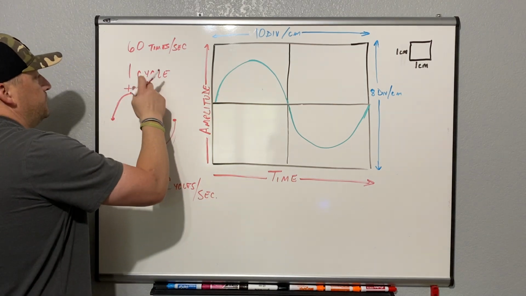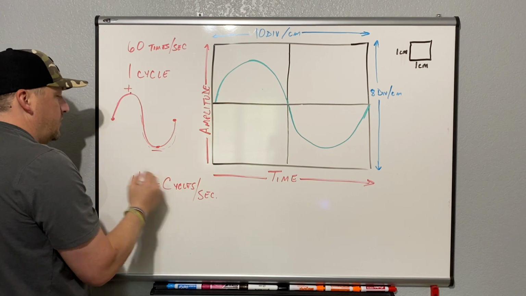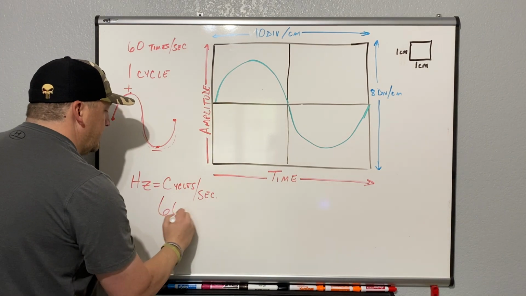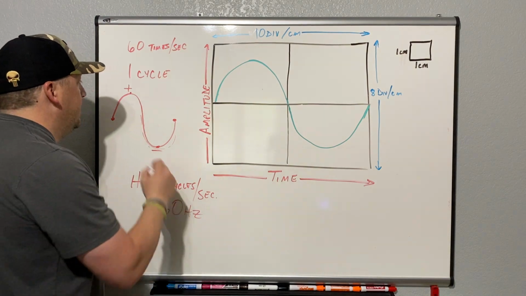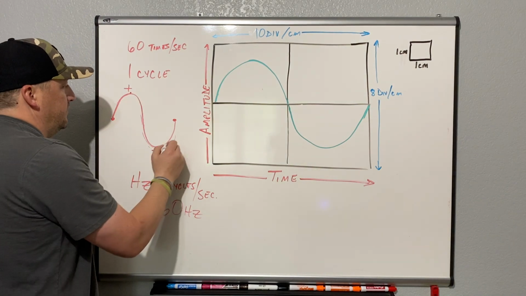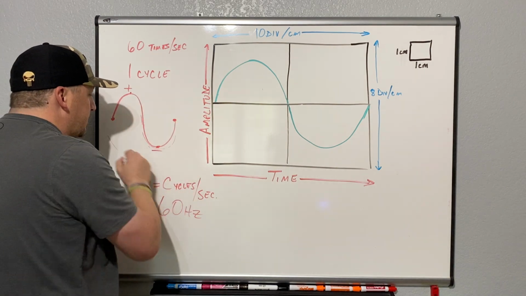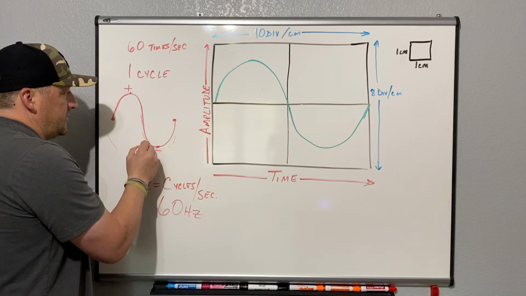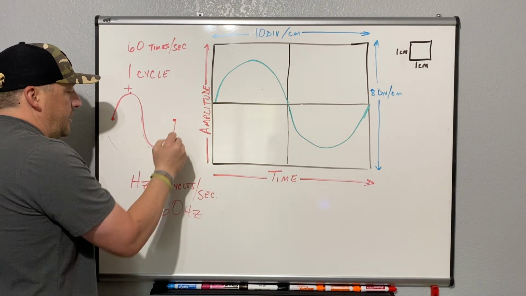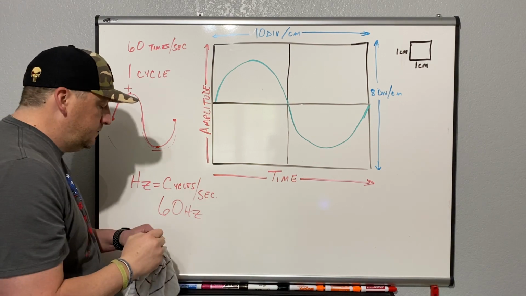So we've got that happening 60 times per second. So what we see here in the States is 60 hertz coming out of our wall. That's this right here, positive, negative, then back to 0, okay? That is one cycle. Hertz is cycles per second, and so this waveform happens 60 times every second, okay?